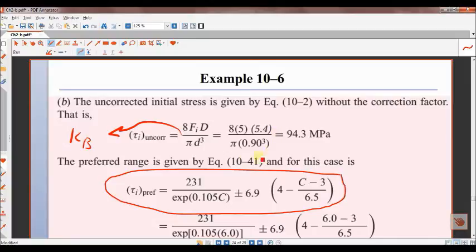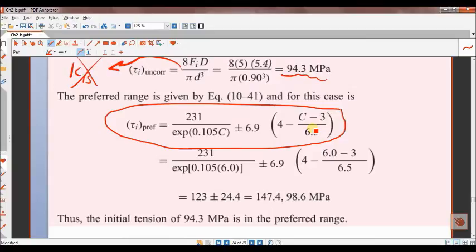But for initial tension, we shouldn't use this Kb in the equation, because the preferred range also has been found without considering this curvature factor correction. So I will substitute 5 Newton, which is the initial tension, into this equation, and I find that the initial stress is 94.3 megapascal.